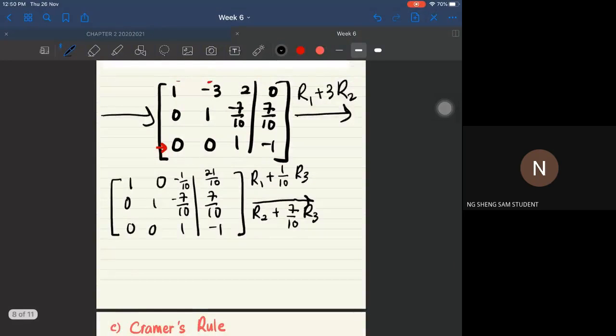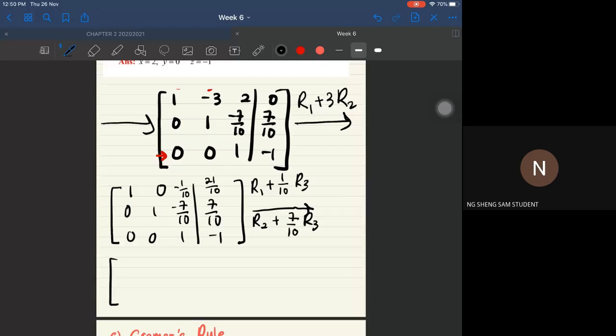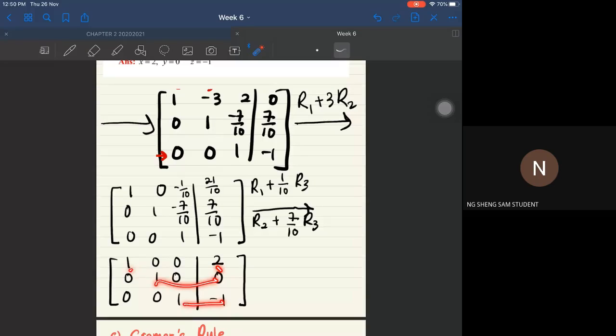Okay, so if we continue with this one, you akan dapat 1 0 0 2 0 1 0 0 0 1 negatif 1. So when you solve by using Gauss-Jordan, you akan terus dapat nilai X, Y and Z. You will directly get your answer.